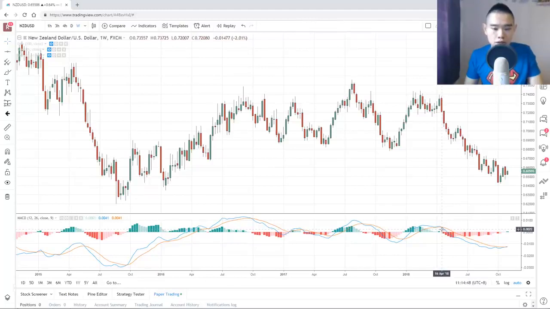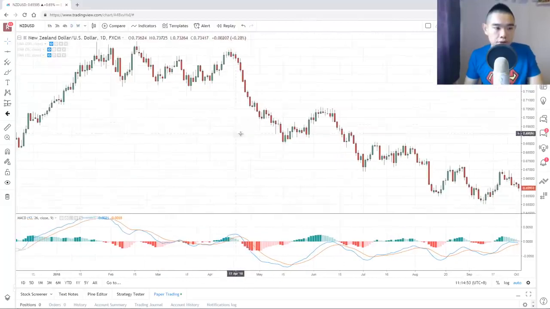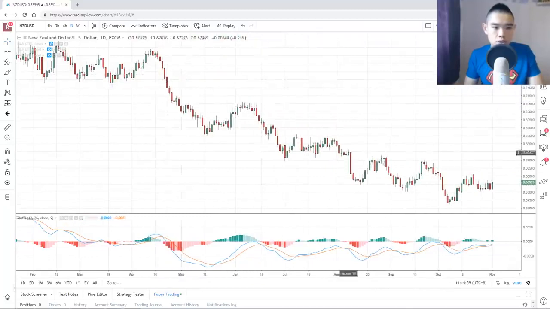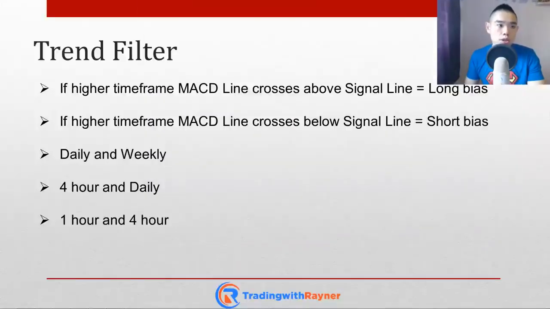So you want to stay short from 16 April 2018. On the daily time frame, 16th of April 2018, which is about here, you would have a short bias all the way down towards the downside. So again, keep you on the right side of the trend more often than not. So this is how you actually use the trend filter to trade in the direction of the trend with the MACD.